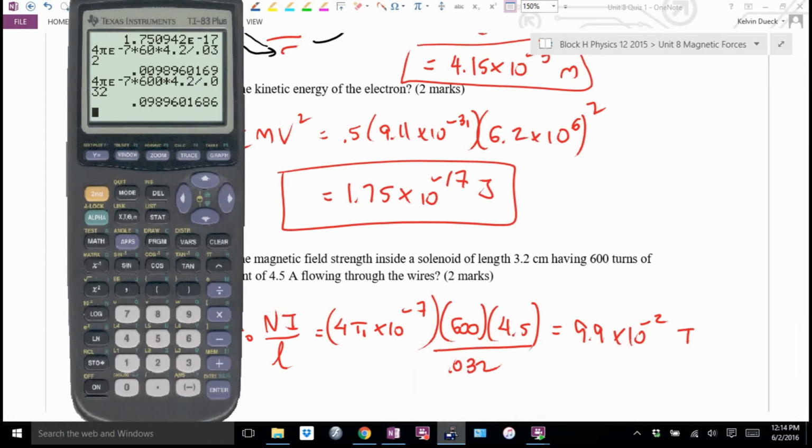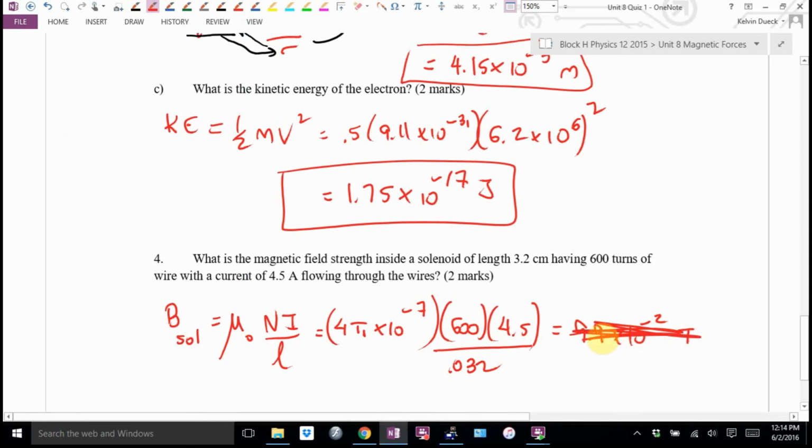Okay, hang on. 4 pi times 10 to the negative 7. Oh, 4.2 instead of 4.5. Good gosh. Let's try that again. How about 1.06? Sorry, 0.106, or 1.06 times 10 to the negative 1 Teslas. Is that better? Wow, did I botch that?